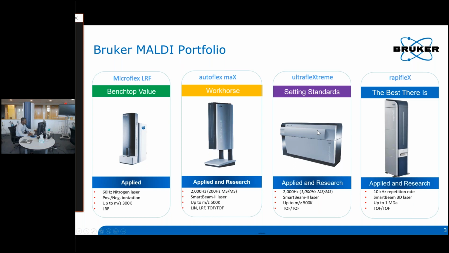For synthetic samples that are usually harder to ionize, harder to see by MALDI, or that require very harsh conditions to ionize, that's when you would need the Ultraflex stream. Of course, it has slightly higher resolution than the Autoflex. And then top of the chain is the Rapiflex, which is more for imaging experiments.